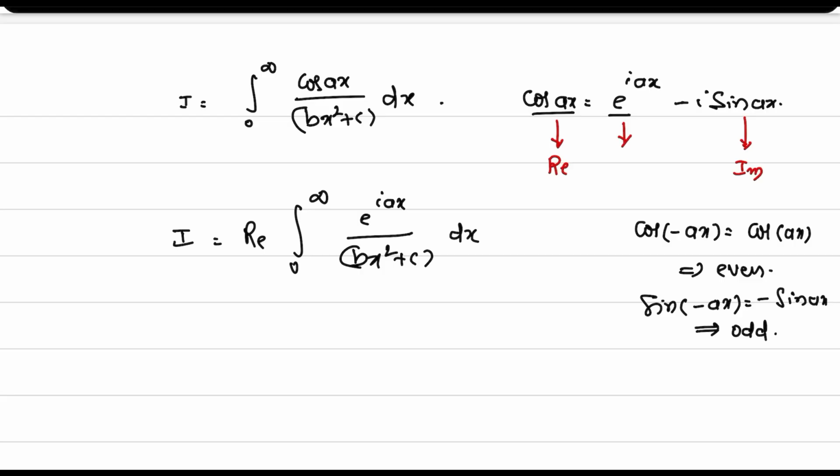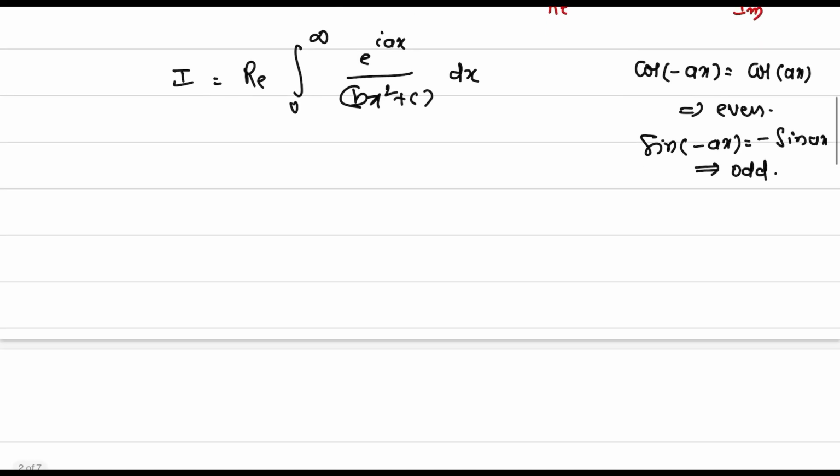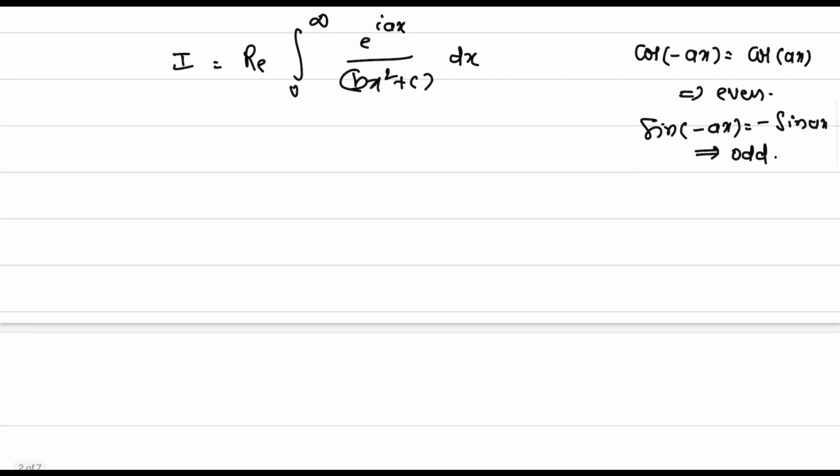That is the difference between even and odd. Because the integrand is even, from the definitions of the integrals, from the basics of the integrals, we can change the limit of the integral.